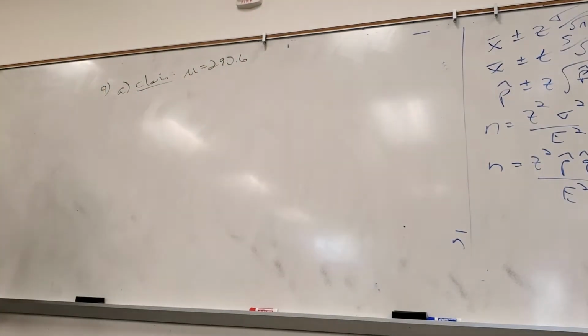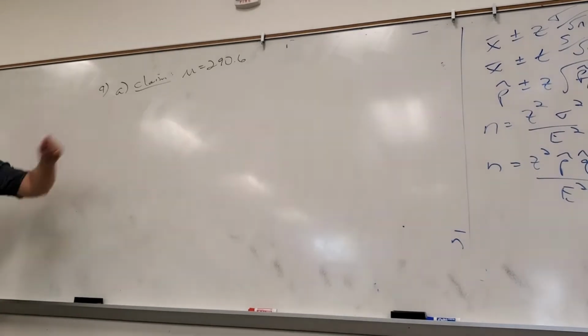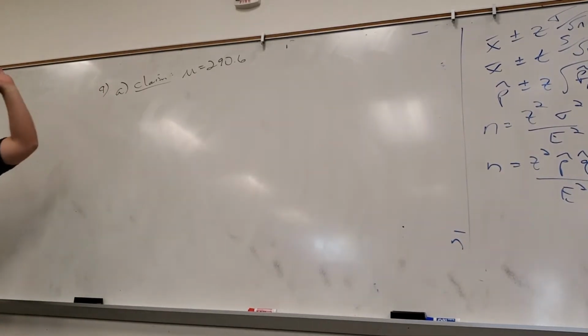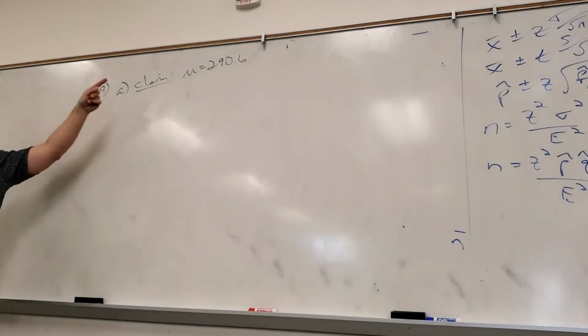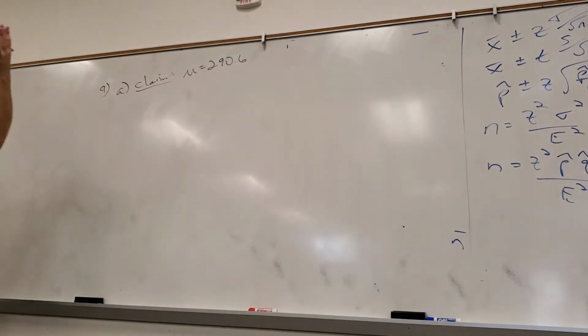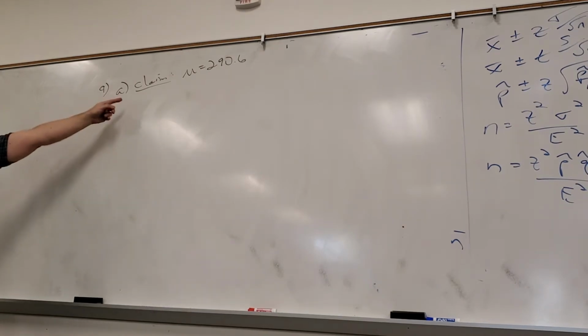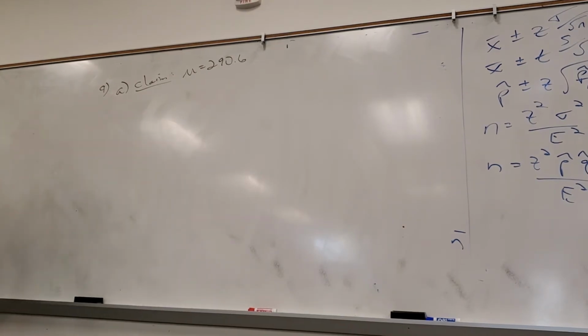Does everybody see that? What is the 300.4 number? What's that? Sample mean for the men. So that's never going to show up in the claim. Why would I make a claim about something I can see? I'm going to make a claim about something I can't see. I can't see the entire population of men. But I'm claiming that their mean is the same as the women's mean.